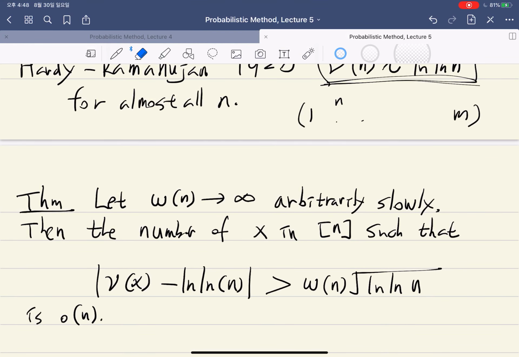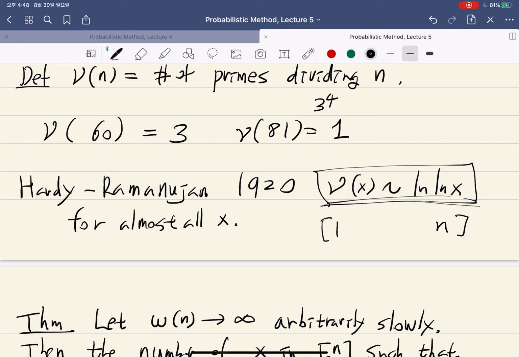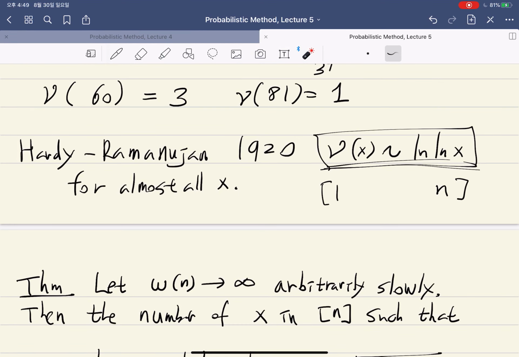little o of n. So let's write it this way. Between 1 and n, you check. You might be a bit confused that here I said log x, but here we have log n. But for most of the x here, if you take the square root of n, you just throw away the numbers between 1 and square root of n.